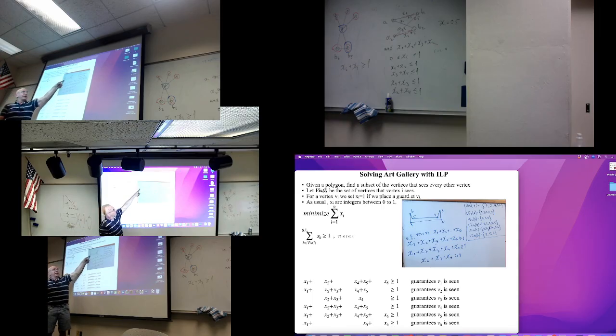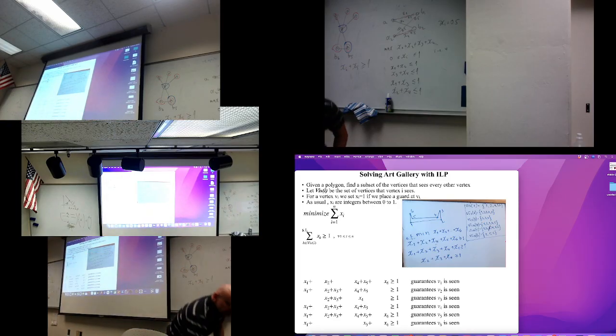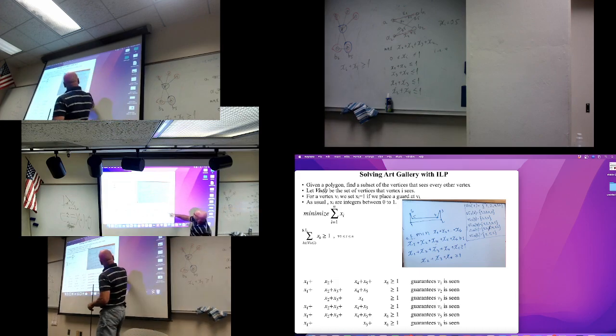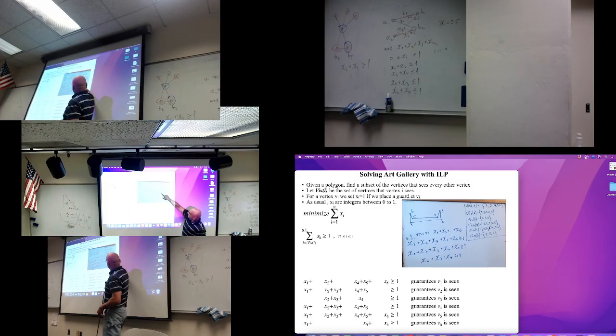If I pick V1 to be in my cover, in my guarding set, I'll put a camera on V1. It sees itself, by the way. So a vertex that I put a camera on sees itself. But in addition, the visibility of vertex 6 consists of vertex 1 and 5 and 6.